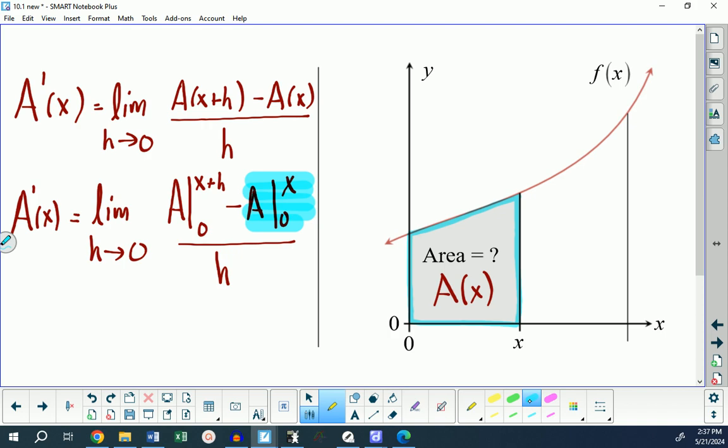This position here, by the way, is at x plus h, and it can be anywhere to the right of x. And I hope everybody understands the distance between x and x plus h is h. Right? What do you add to x to get x plus h? H. The width of this clear area is h.